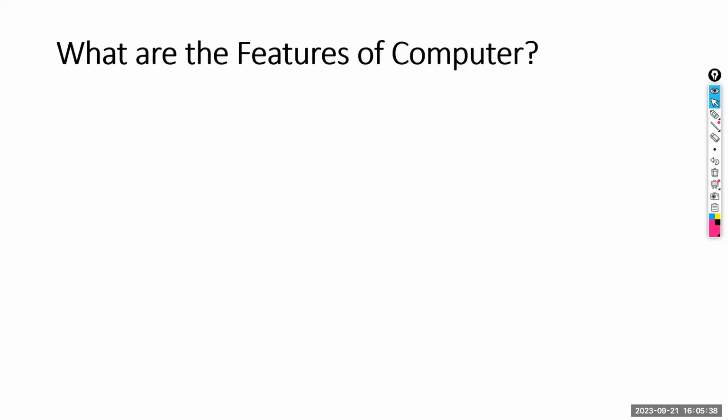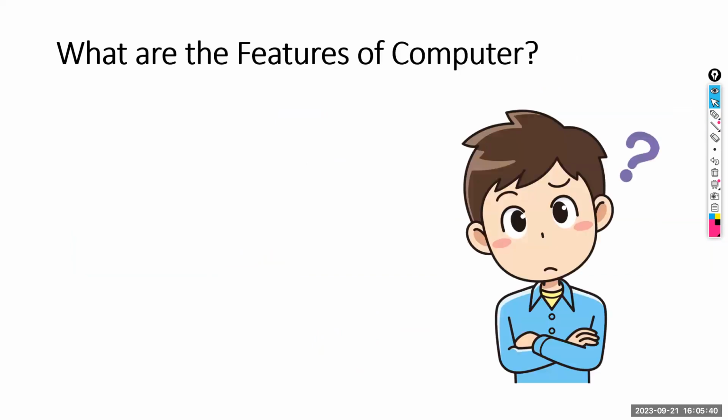Okay. So now let's look at what are the features of computer. If someone asks, what are the features of a vehicle or car? So you must have answers, right? What are the features of a car? A car is used for transportation. A car is a mechanical device.